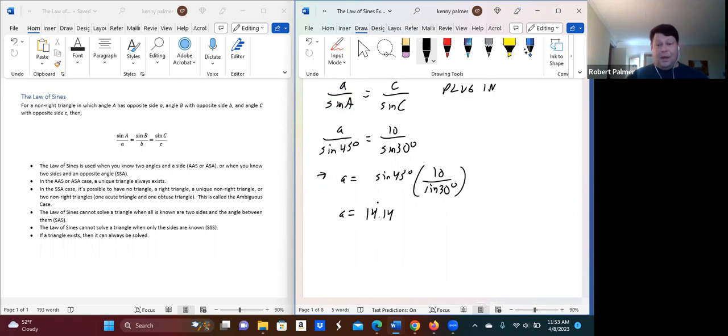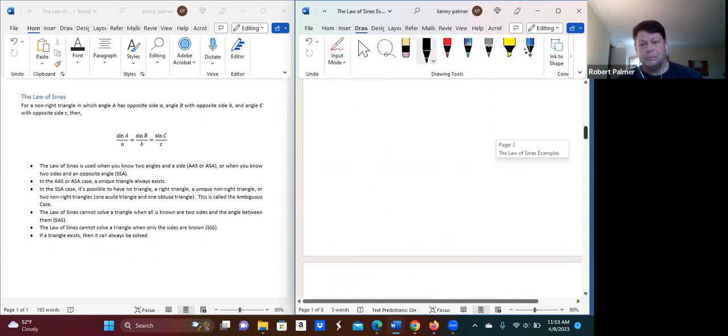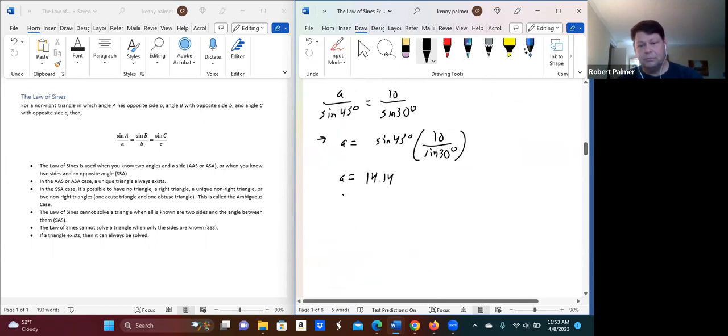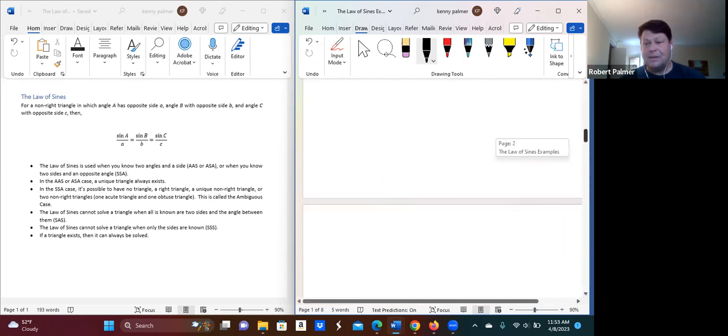Now, once again, we now know two sides, but we have to resist the urge to use the Pythagorean theorem, because it doesn't work in these cases. So let's find our last thing, which is side B. Here, once again, we use the law of sines.